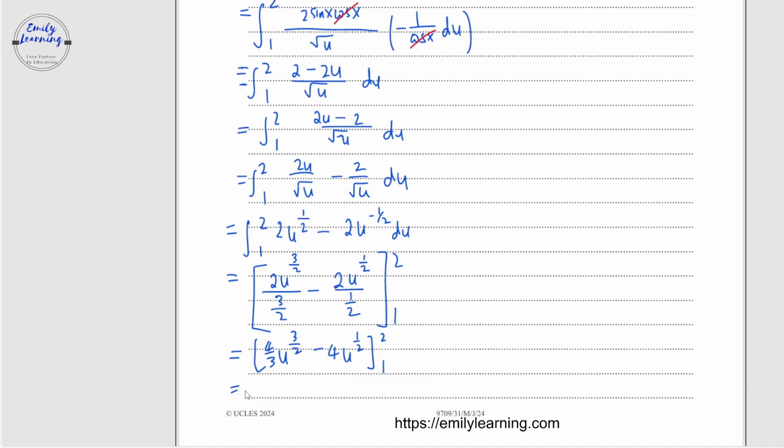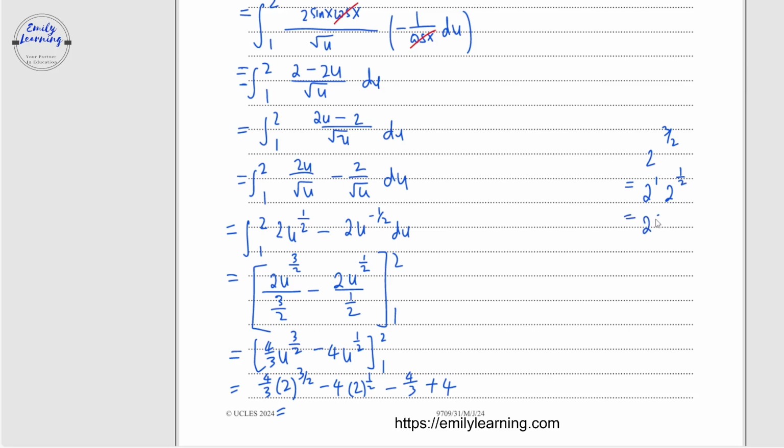Okay. So I sub in 2. Okay, 1 to the power of anything is 1. Okay. So 2 to the power of 3 over 2 is the same as 2 to the power of 1 times 2 to the power of half, right?